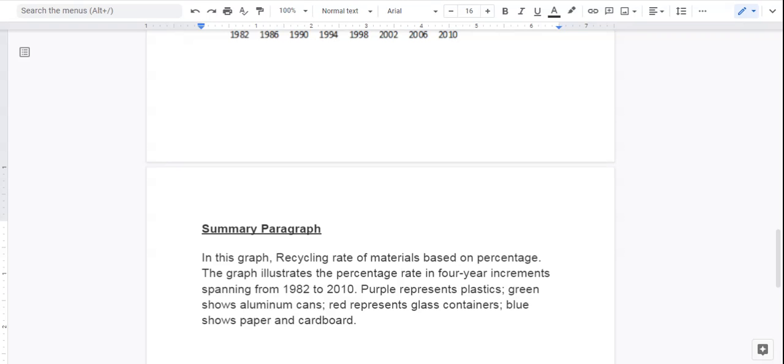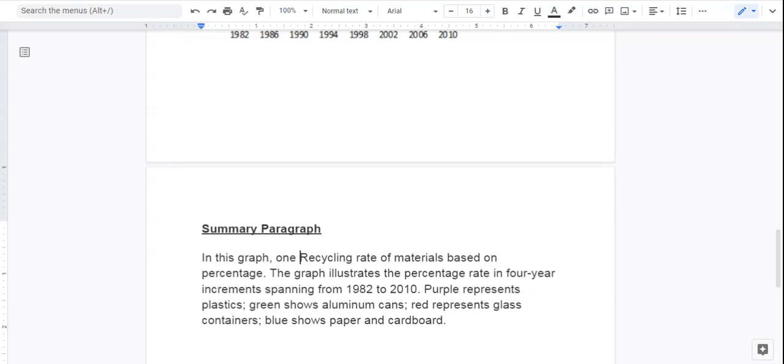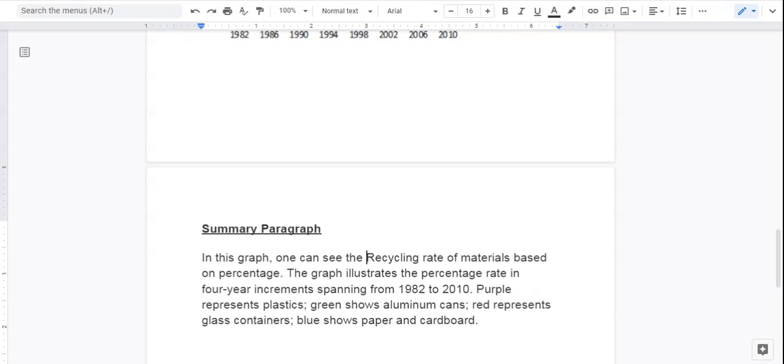In this graph, one can see the recycling rate.